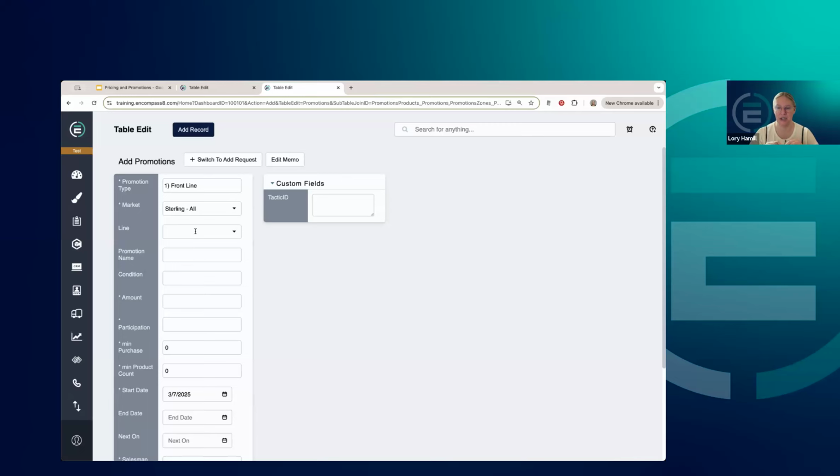Now here's the gotcha. And I don't even know if it's a gotcha. It's just a difference. In the scenario where we talked about having participation, I can set it in two different ways. I can set it at the promotion level, so we can see it down here in this field, or I can set it on the lower level of individual promotions products.